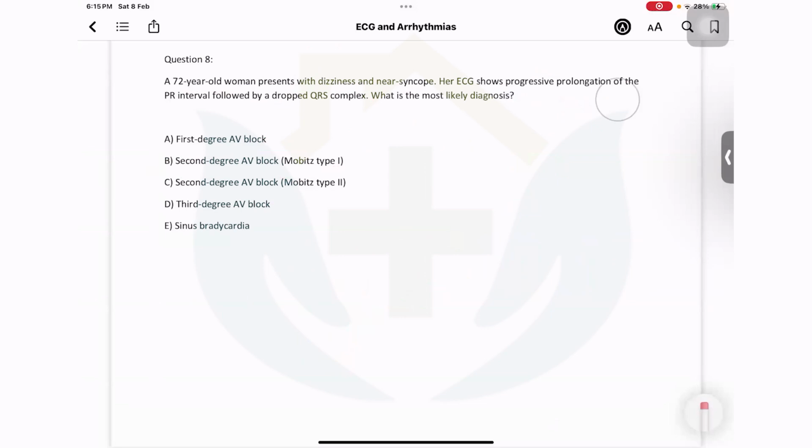A 72-year-old woman comes with dizziness and near syncope. ECG shows progressive prolongation of PR followed by a sudden dropped QRS complex. What is the diagnosis? Second degree Mobitz type 2, sir. The ECG shows progressive prolongation.